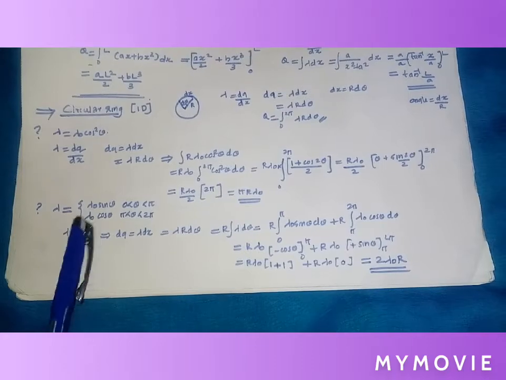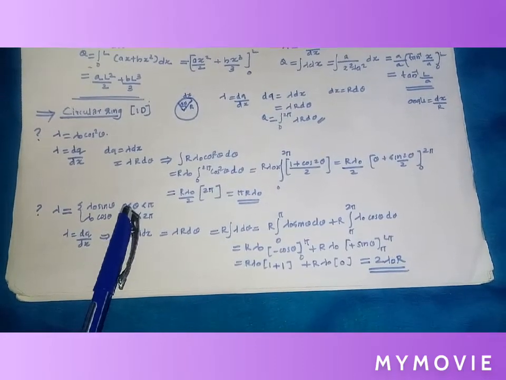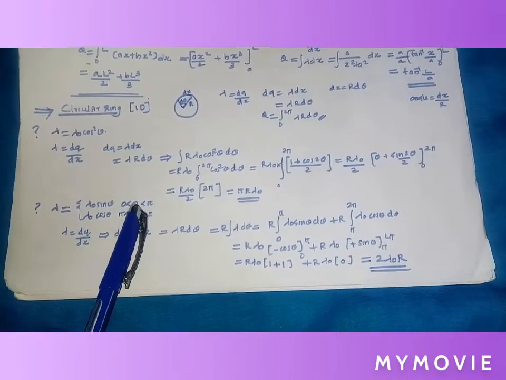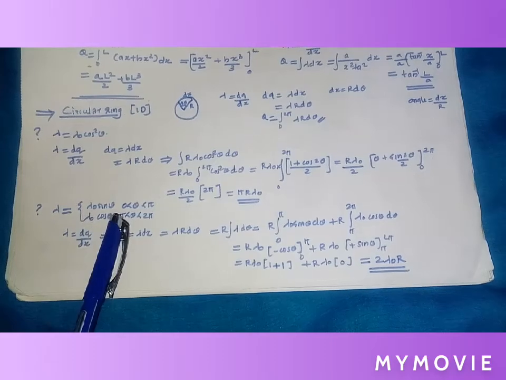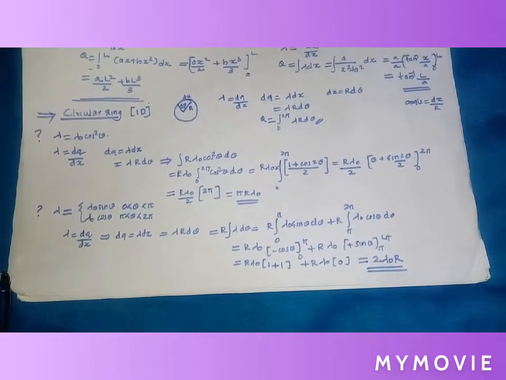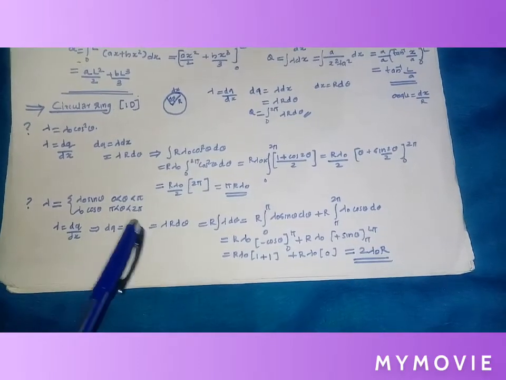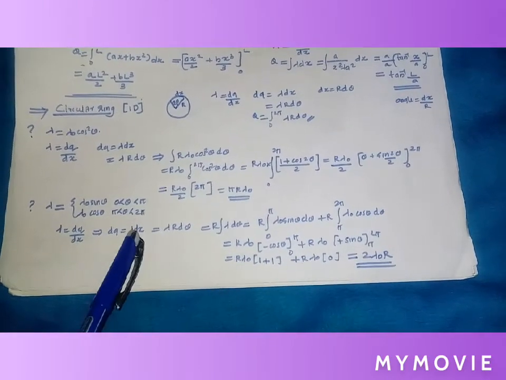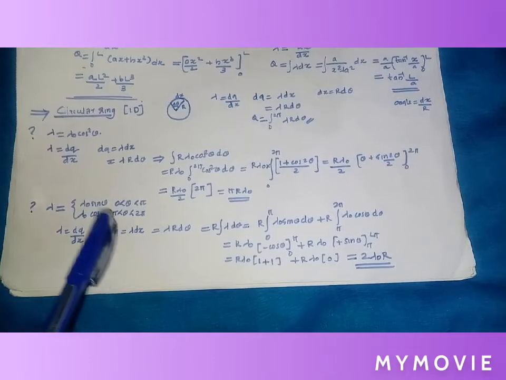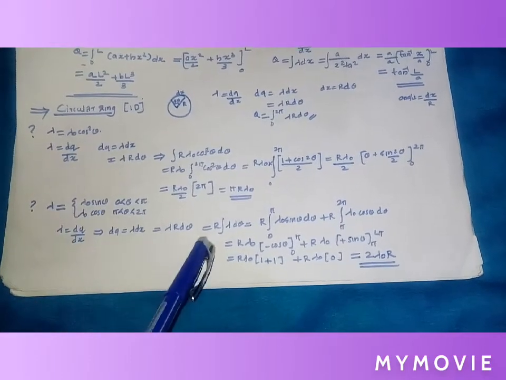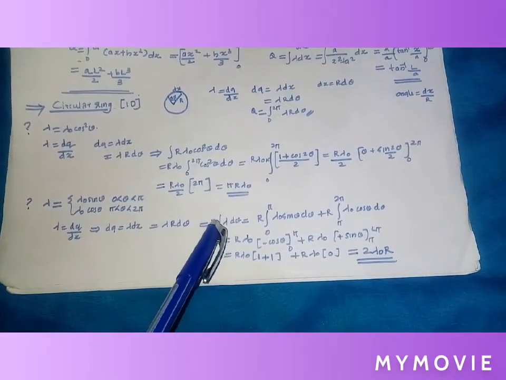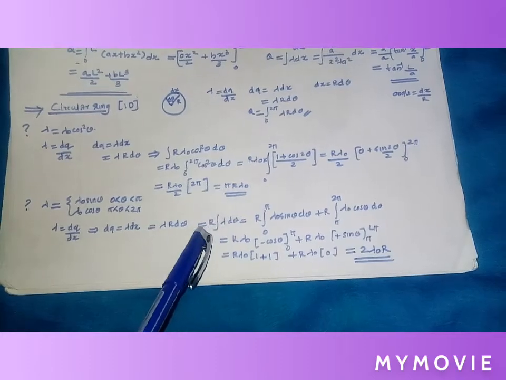Second question, lambda is equal to lambda 0 sin theta from 0 to pi and lambda 0 cos theta from pi to 2 pi. Okay, we know the basic equation lambda is equal to dq by dx, so dq is equal to lambda dx, and dx is replaced with r d theta in the circular ring case, so r d theta, and r is a constant here.